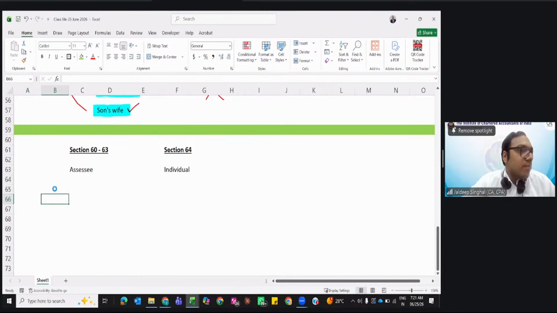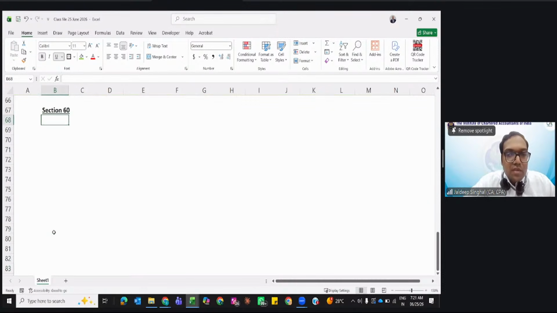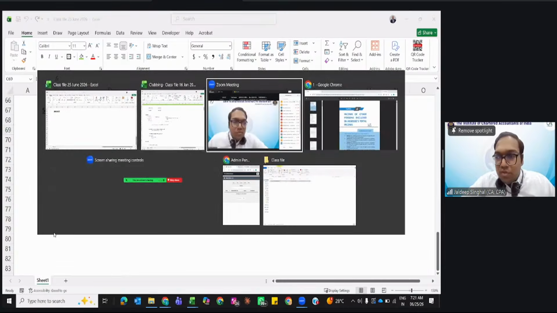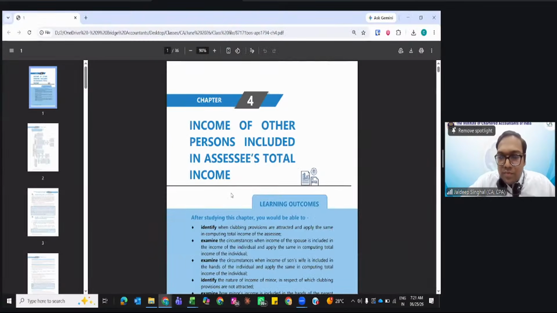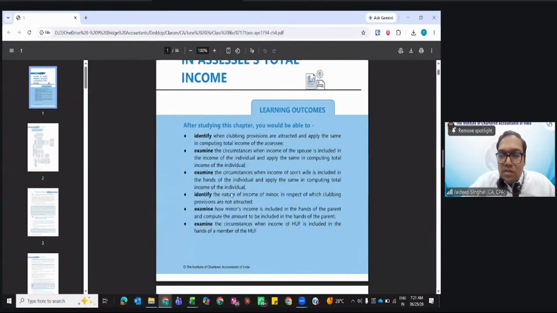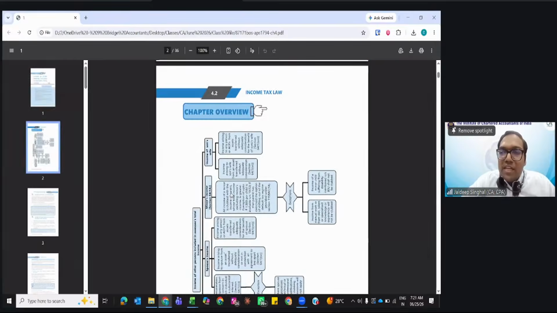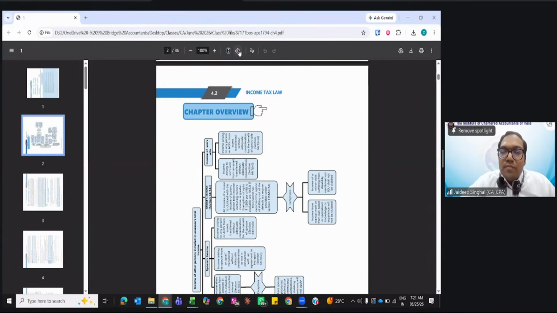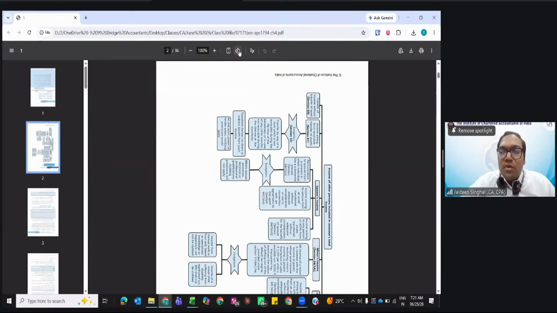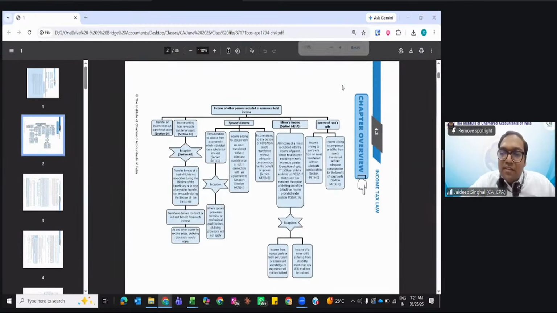Okay. Let's start with section number 60. Let's come to the book. You have a summary given in the book. This summary is very, very good. This helps you to collate the concepts at one place easily, right?